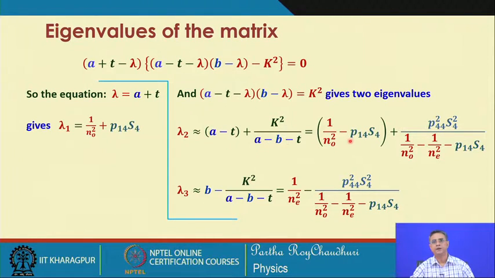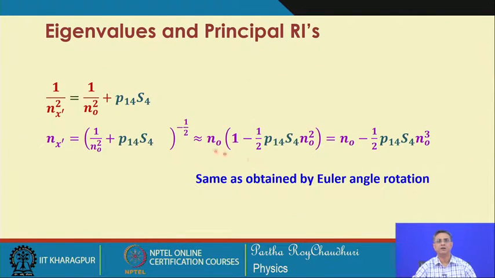Therefore, a minus b represents 1 by n_o square minus p_14 S_4, plus this quantity k square by a minus b, t will come from here. For lambda 3, this will be approximately equal to b minus k square by a minus b into t. So this will lead to this result, and we can actually calculate all the values.